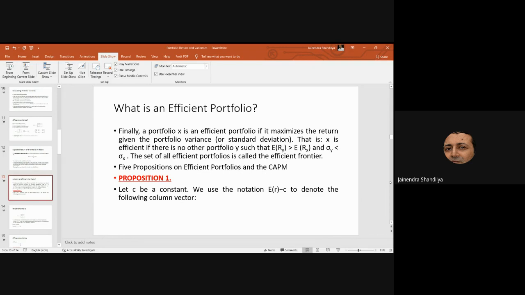Now there are 5 propositions for efficient portfolios which you need to memorize by heart. Why I'm saying this is that to test all these propositions, you will need to recall them from memory. But while doing it in Excel, or while doing the modeling of our portfolio, we'll not need it so much, because that will be easier.